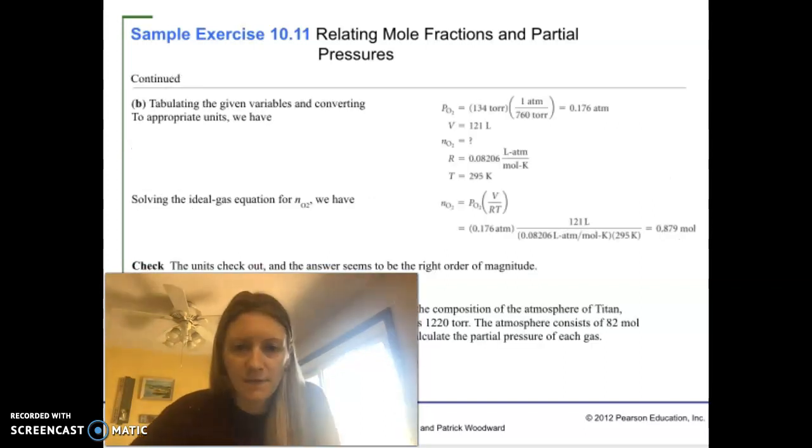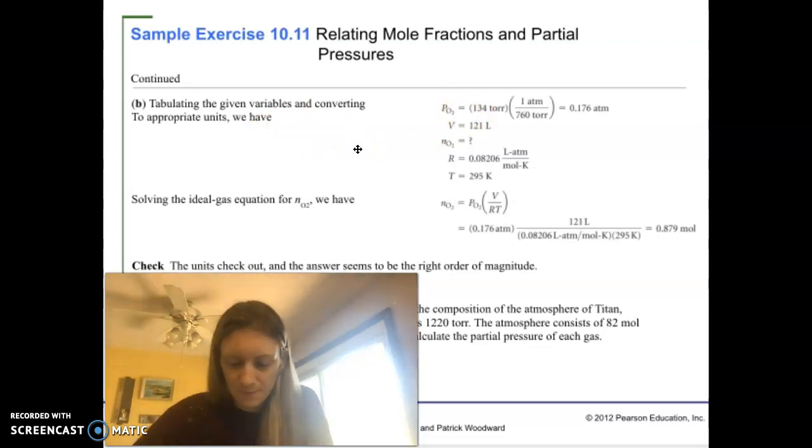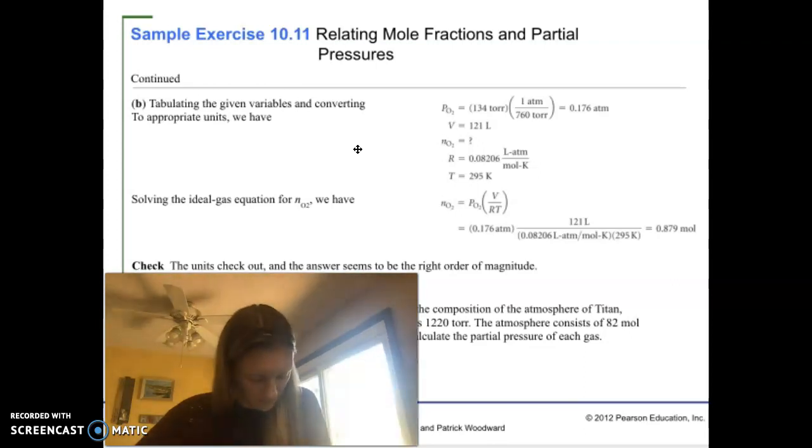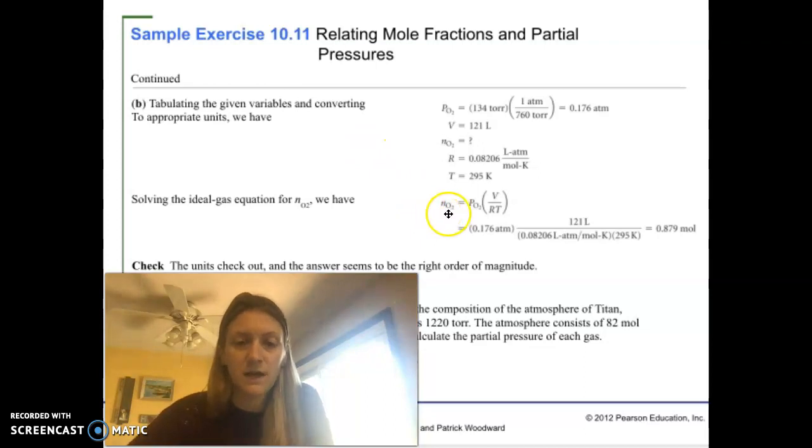So part B then is where we need to figure out how many moles of oxygen would be needed if we were going to use a 121 liter volume and 295 kelvins. So you can use the ideal gas equation to solve for n. So n equals P times volume divided by RT. Then all you have to do is plug in our amounts here.